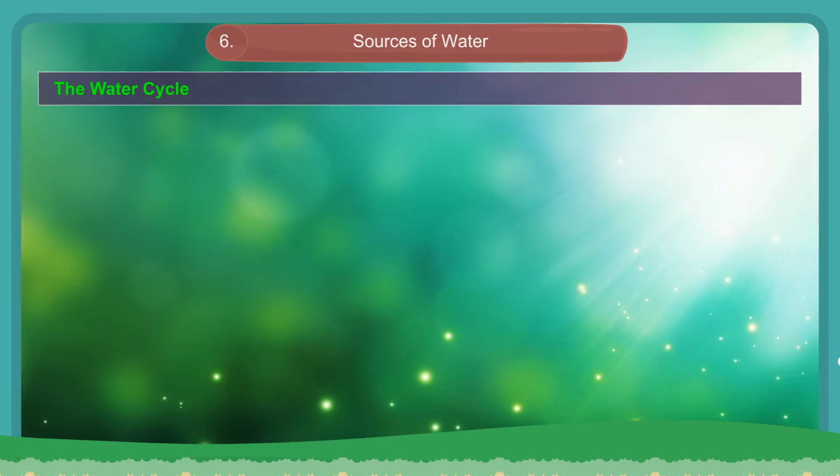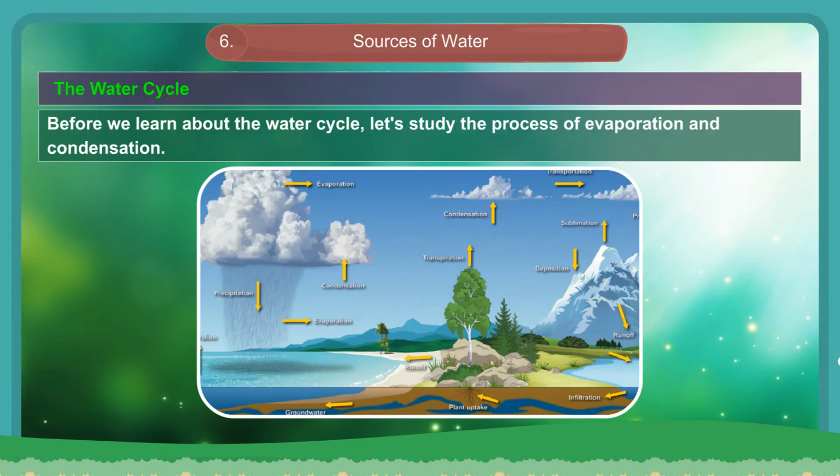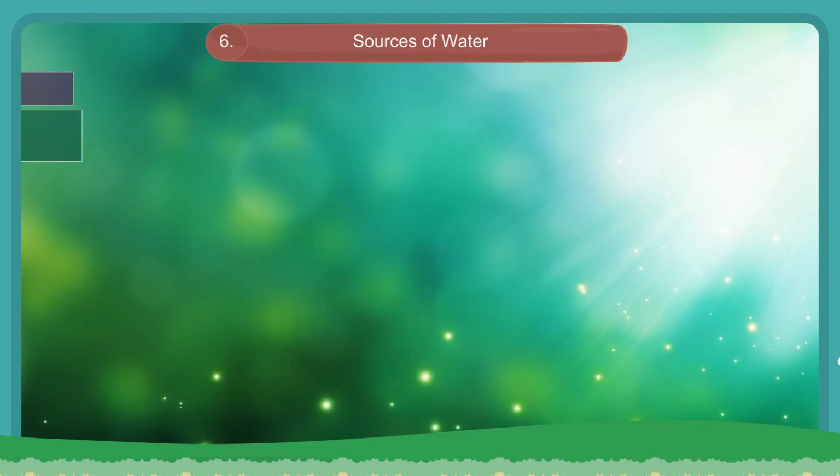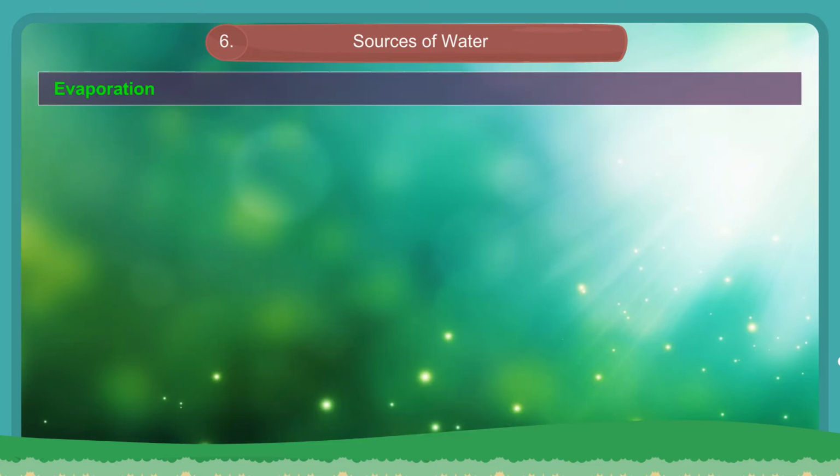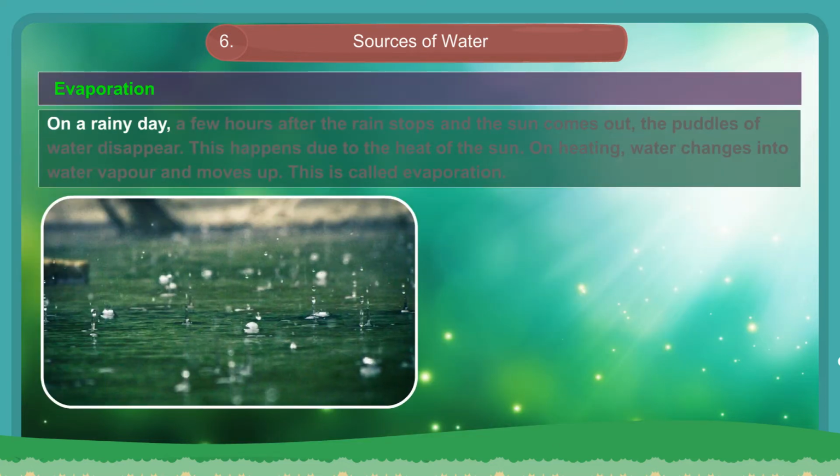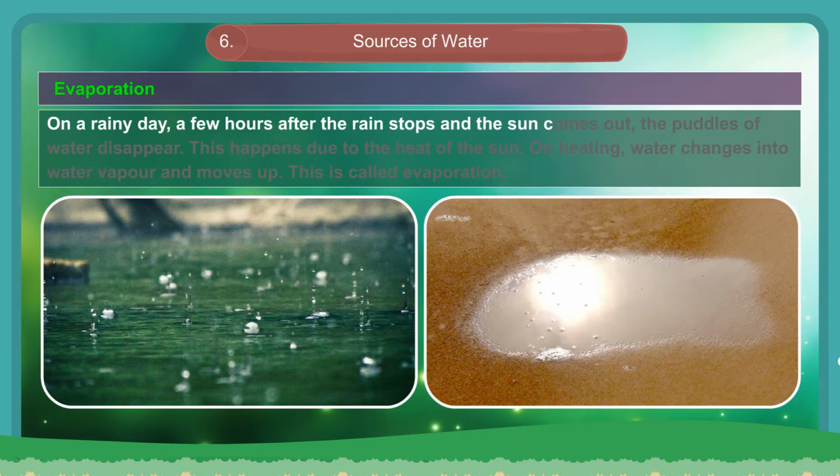The water cycle. Before we learn about the water cycle, let's study the process of evaporation and condensation. Evaporation. On a rainy day, a few hours after the rain stops and the sun comes out, the puddles of water disappear.